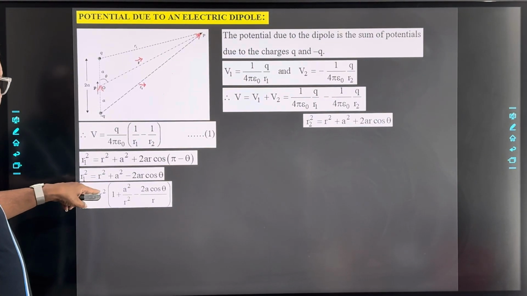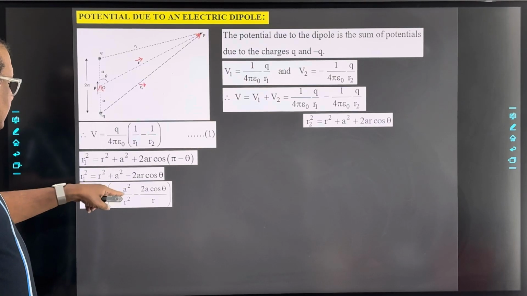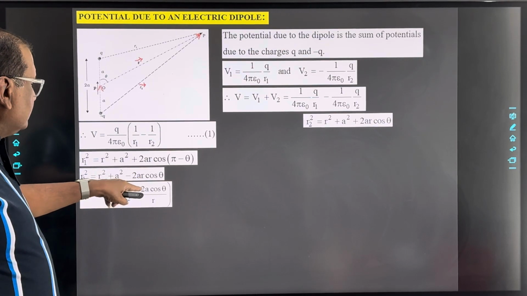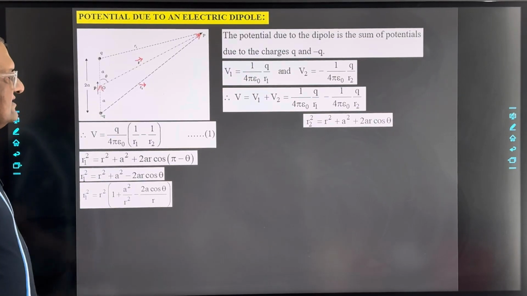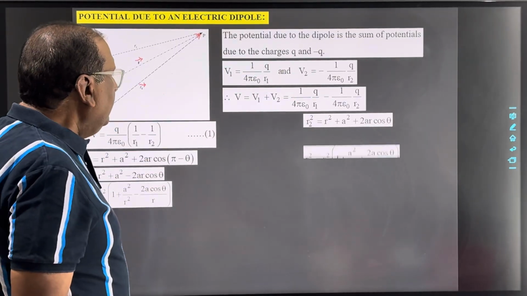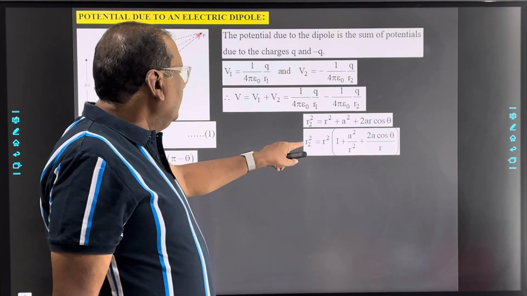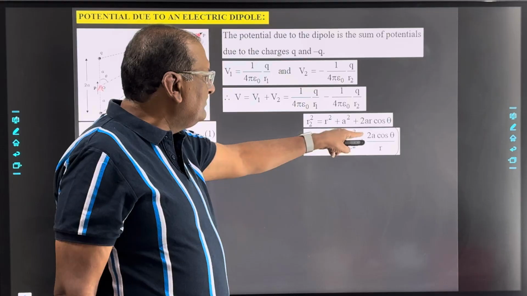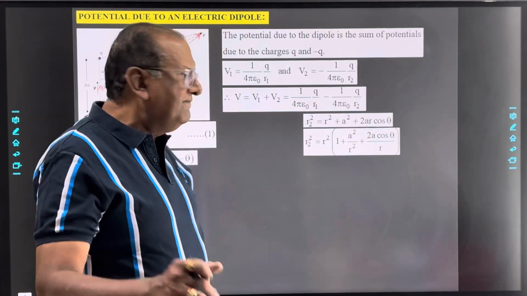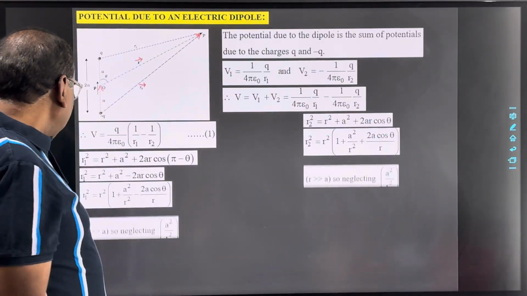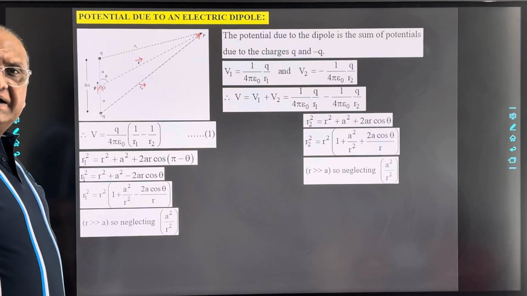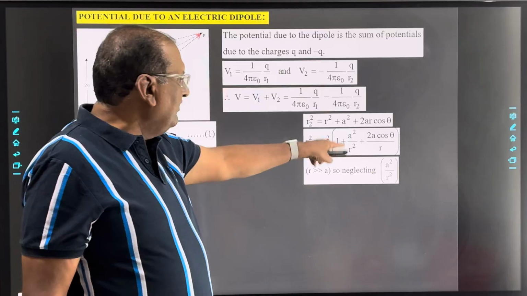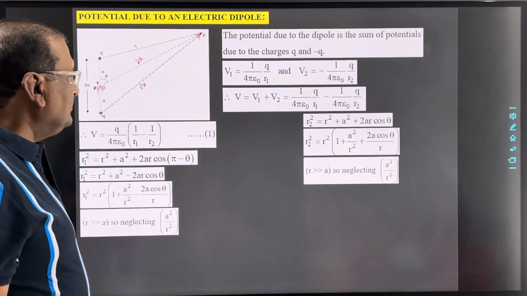So R1 square equals R square into 1 plus A square upon R square minus 2A cos theta by R. Similarly here also, you can take R square common. So R2 square equals R square into 1 plus A square upon R square plus 2A cos theta by R. Now R is very much greater than A, so we can neglect A square upon R square in both these equations.